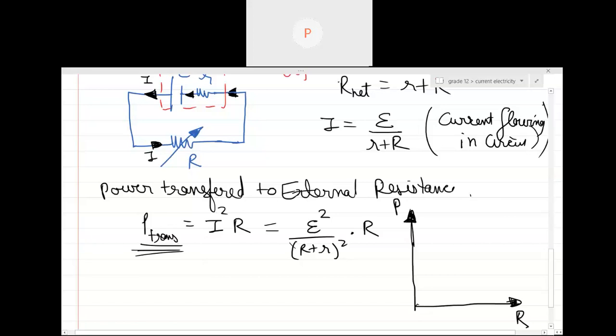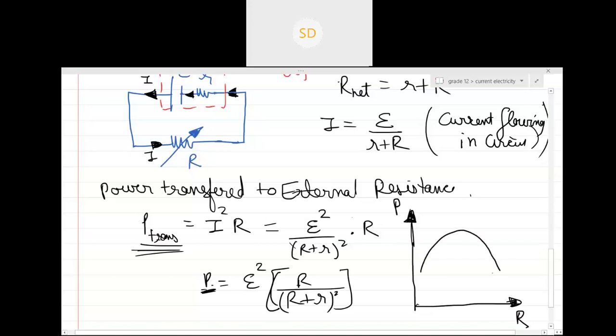If you draw the graph for this function, power as a function of resistance, E square into R upon (R plus r) whole square, it is basically a power function with resistance R. I told you R can vary. When you do the graph, it looks somewhat like this.